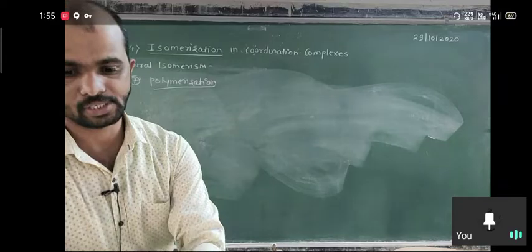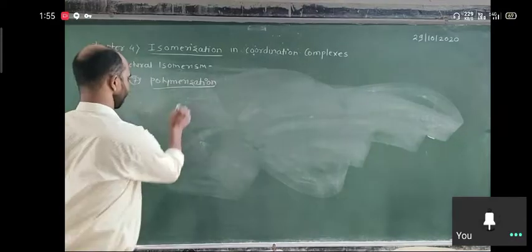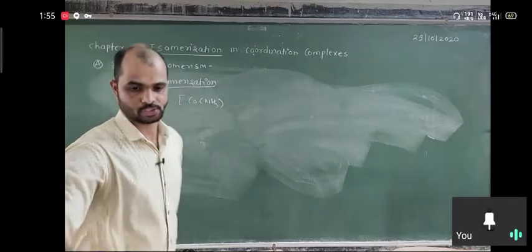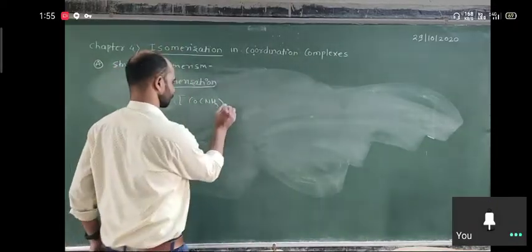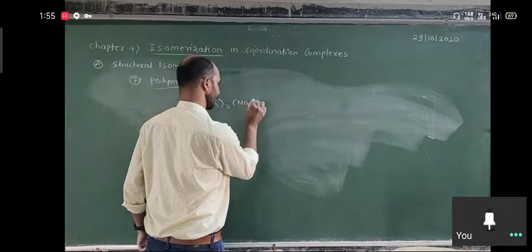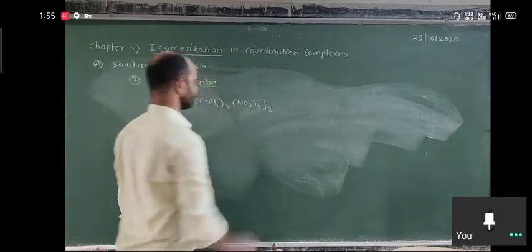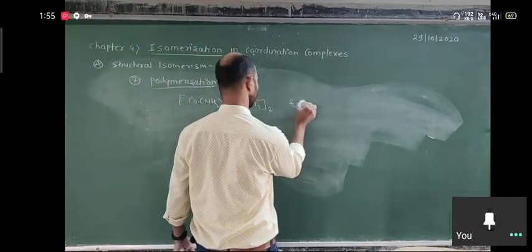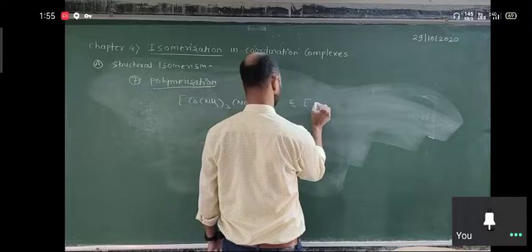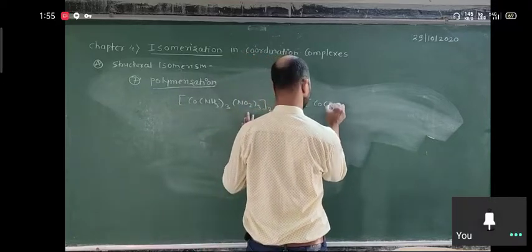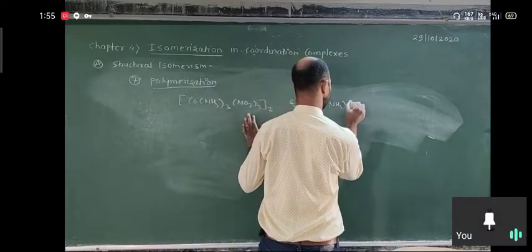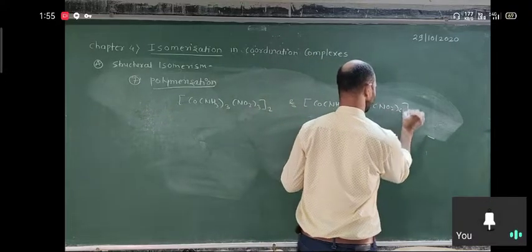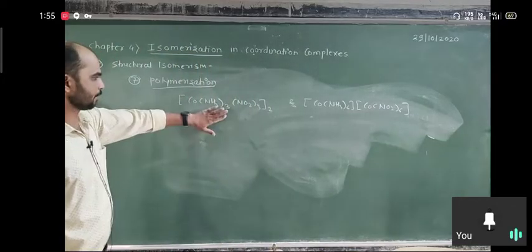For that we consider an example here: [Co(NH3)3(NO2)3] and [Co(NH3)6][Co(NO2)6]. Look at here. What is the empirical formula?